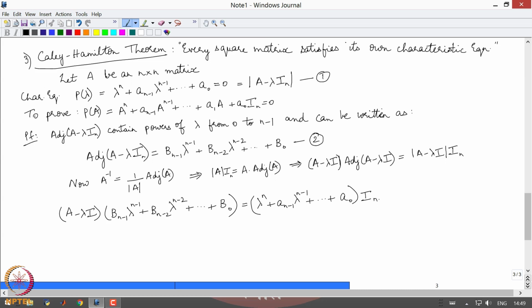Okay. So, what we will now do is we compare the coefficients.